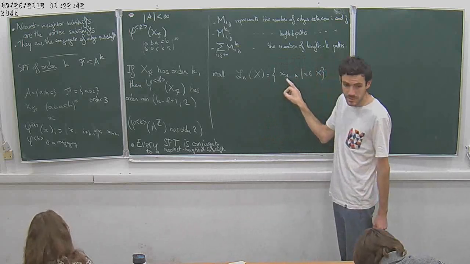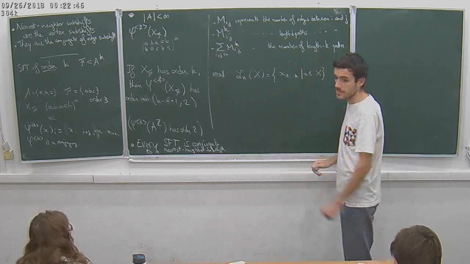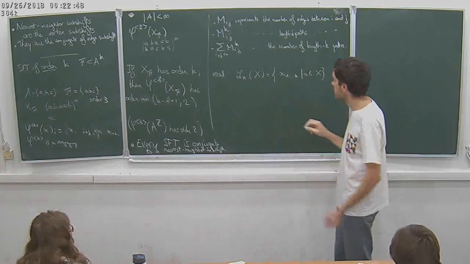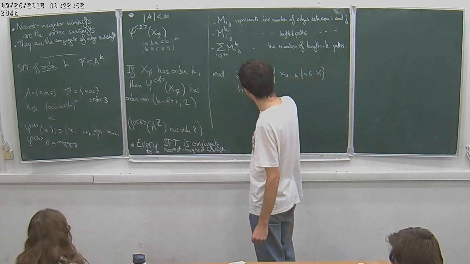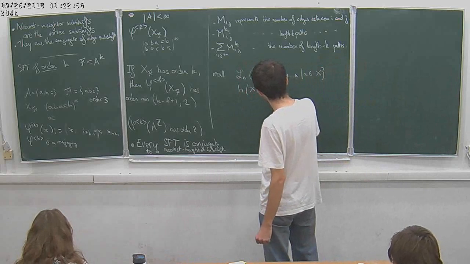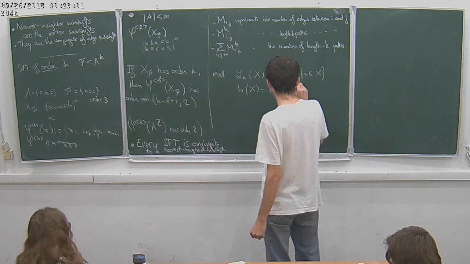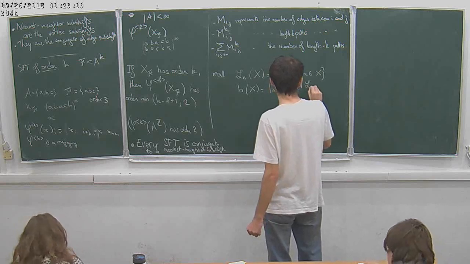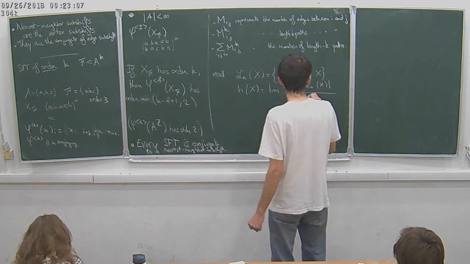I start at 1, but since it's a subshift, it's the same to start anywhere, because it's shift invariant. And the entropy is the limit of the logarithm of this number divided by n.